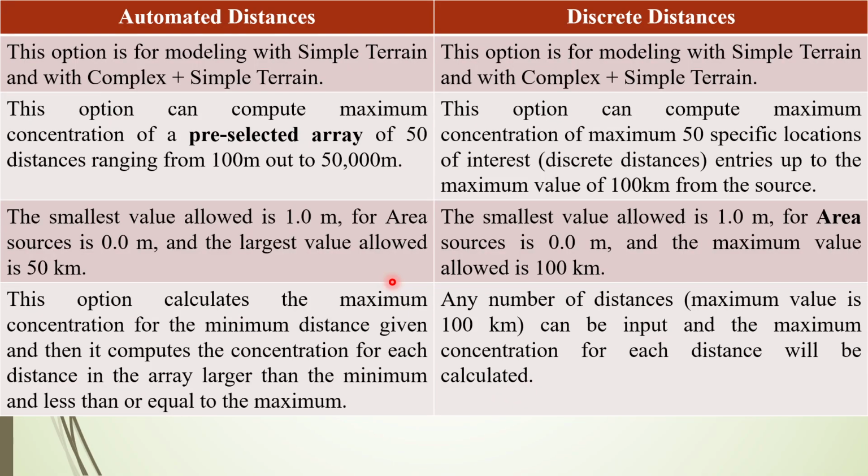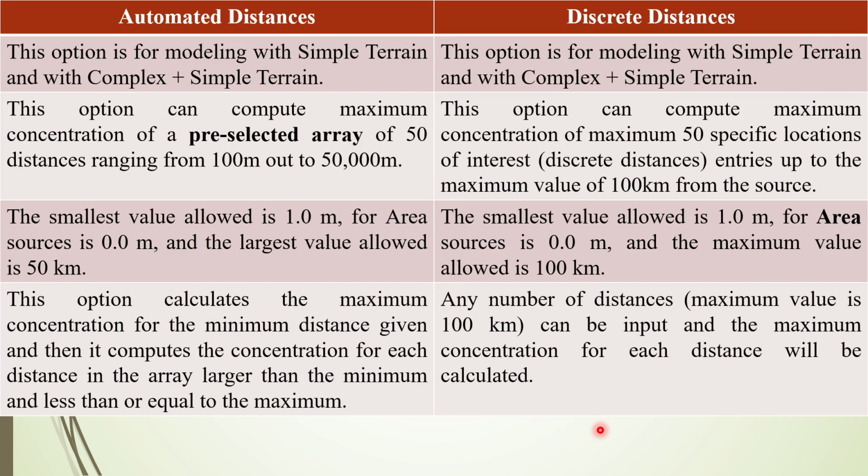Notice the difference between automated distance and discrete distances. Both options are for modeling with simple terrain and with complex plus simple terrain.